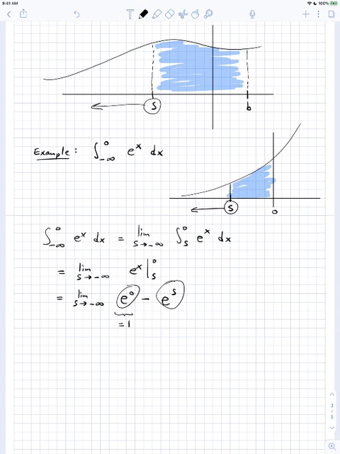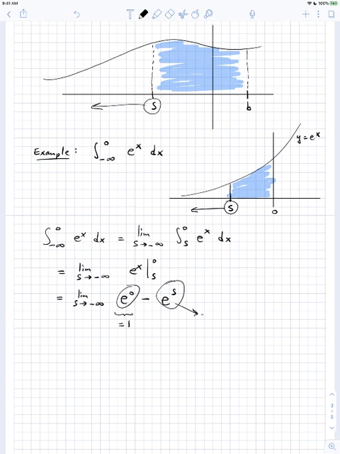But what about this term? Well, s is going to negative infinity. So we're looking at this curve here, or let me do it with the pointer. We're looking at this curve. This is y equals e to the x. So as s goes to negative infinity, the curve goes to 0.